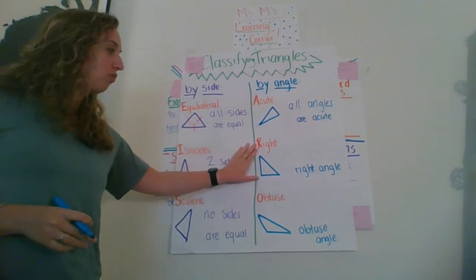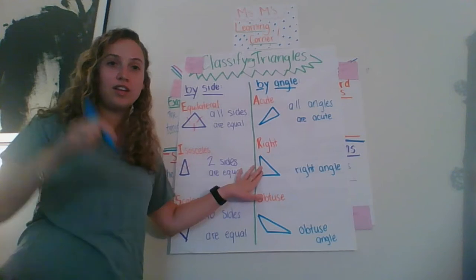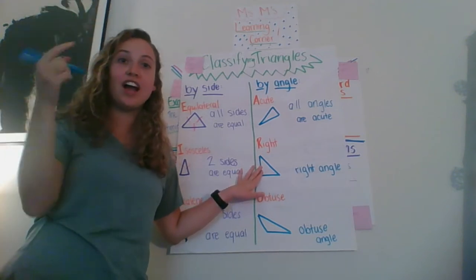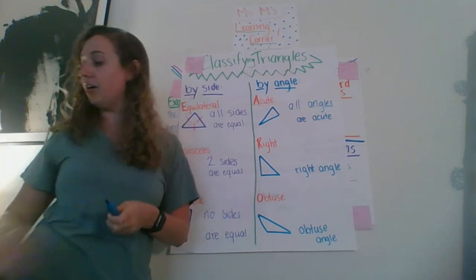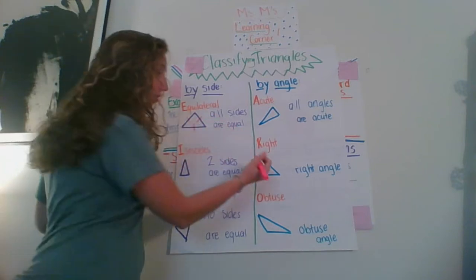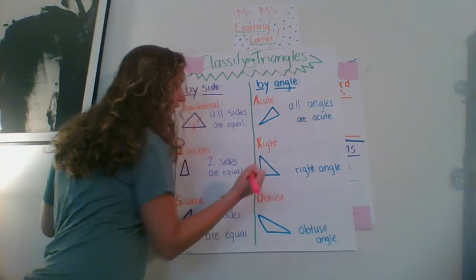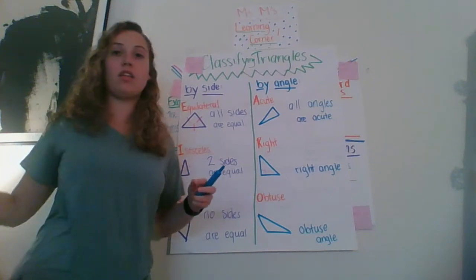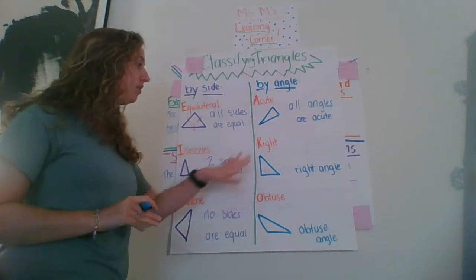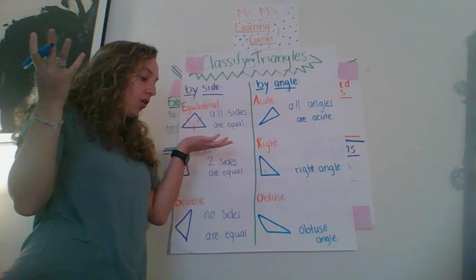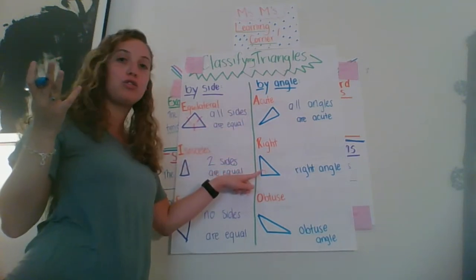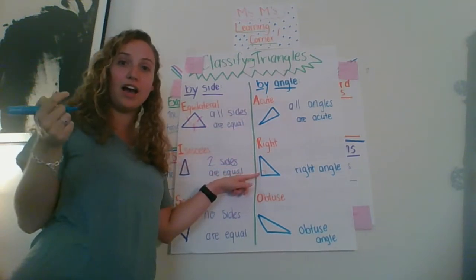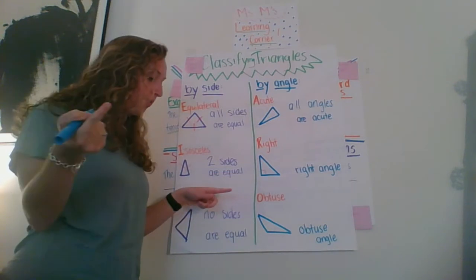If we take a look at our right triangle, I know that a right angle is 90 degrees. So in a right triangle, you're still going to see that little box, that little corner. And knowing that a right angle is 90 degrees, we know that a right triangle is going to have one right angle.